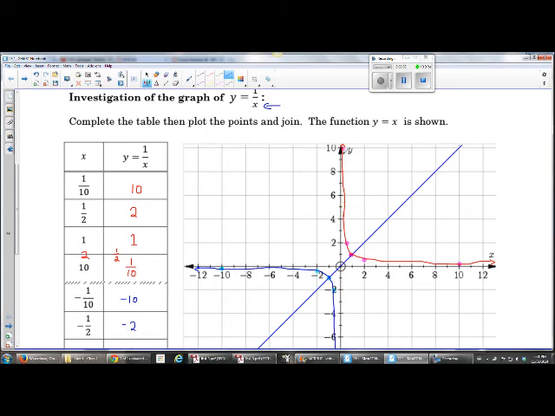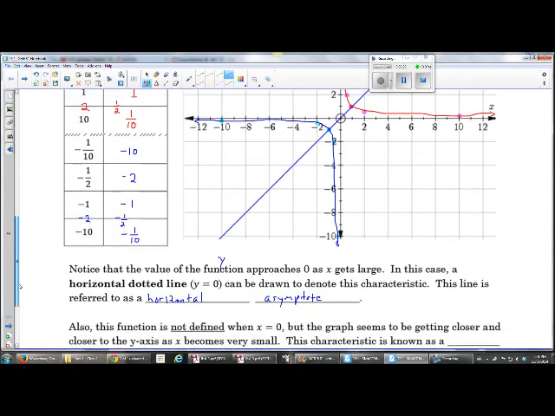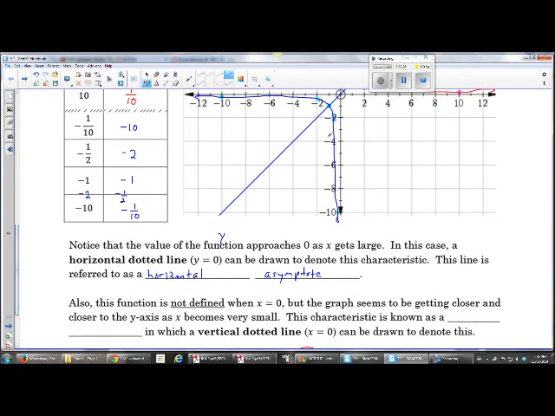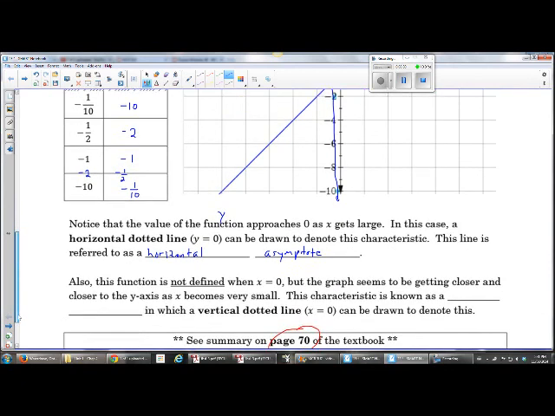Same thing when x is negative and the value gets smaller, the function gets closer and closer to the y-axis. That characteristic is known as the vertical asymptote.